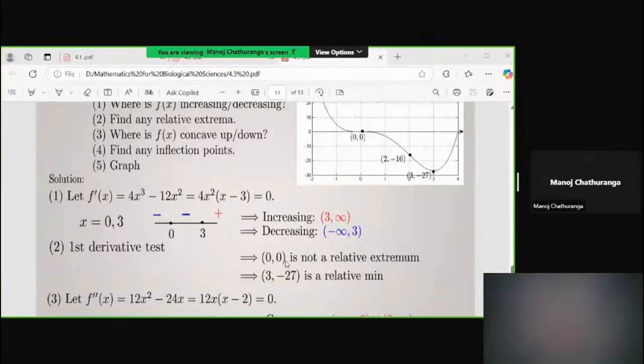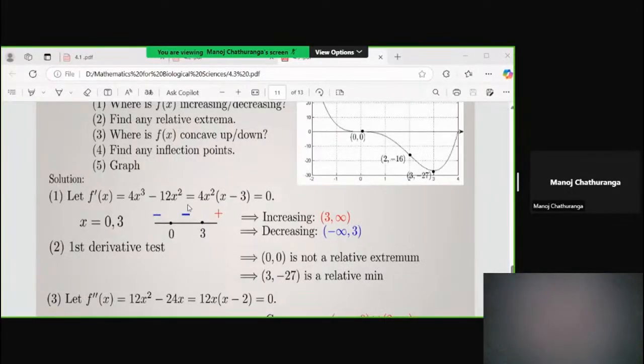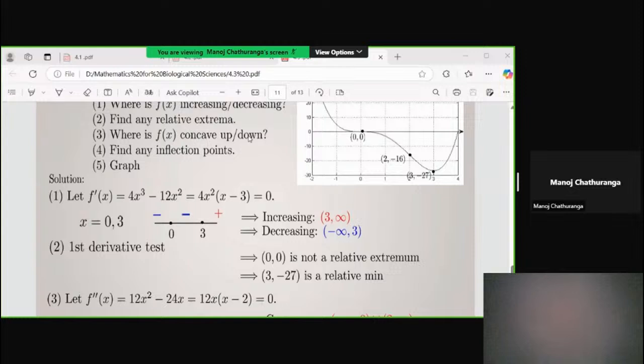So 0 is not a relative extreme, but 3 is something different. Up to 3 the function is decreasing, and at 3 we have a horizontal tangent line, then it keeps increasing. Decrease, horizontal tangent line, and increase.